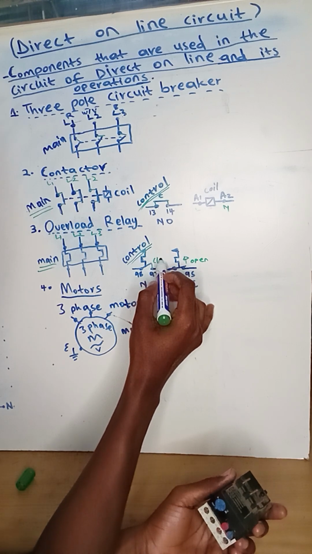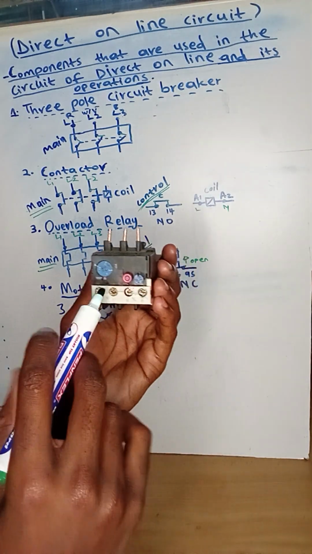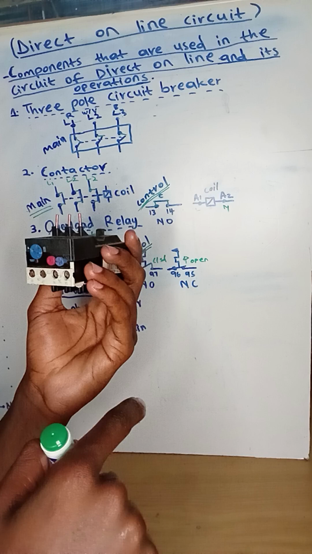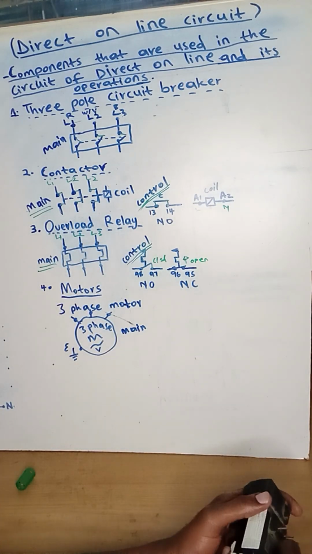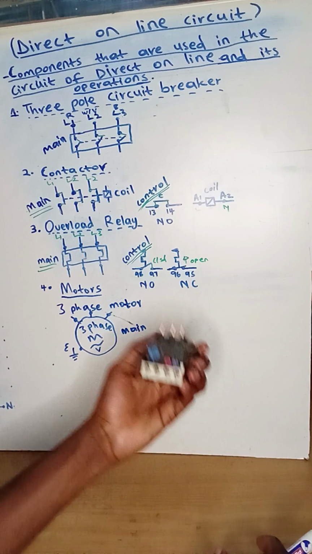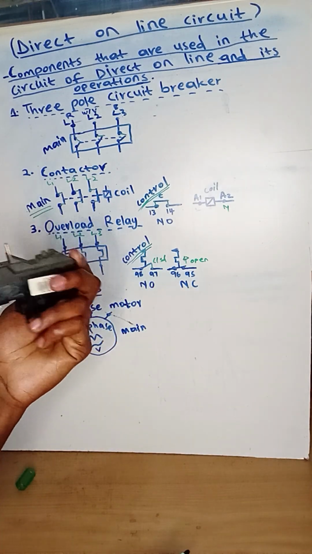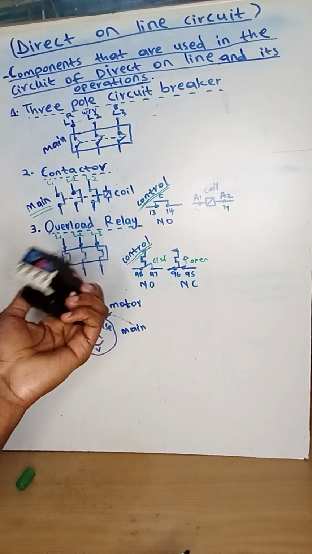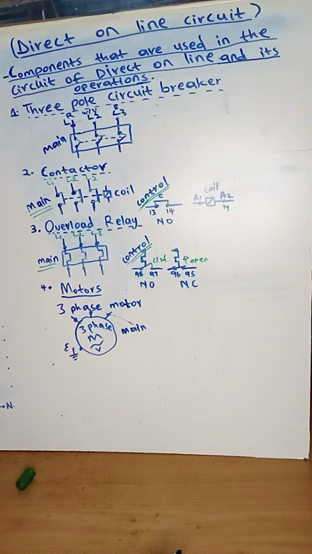This one will be closed, and this one will be open. Only when the circuit trips will this button be pushed inside and the contacts change. So, that's it about the overload relay. Now you understand the overload relay, its components, and how it operates.